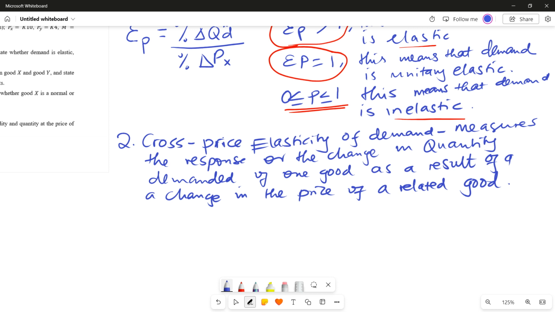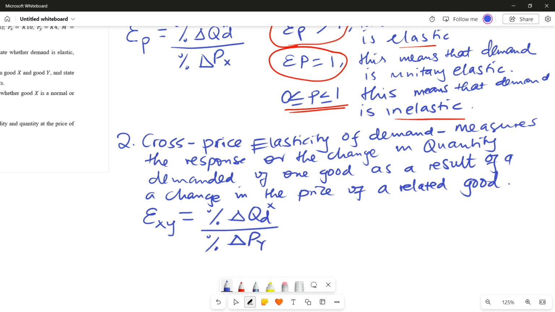With this one, the formula is: elasticity between good X and good Y is equal to percentage change in quantity demanded of good X as a result of a percentage change in the price of good Y. So we are dealing with two goods, good X and good Y, and we want to understand how a percentage change in the price of good Y is going to affect the demand for good X.